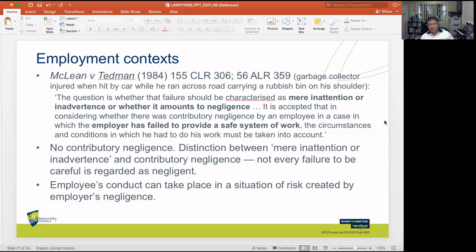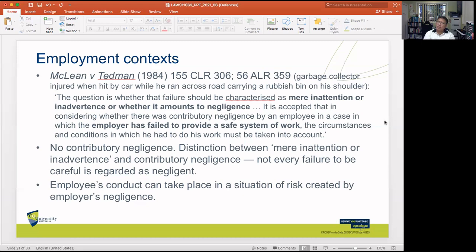And this is important because the employee's conduct can take place in a situation of risk that is created by the employer's own negligence. So here, because the employer failed to provide a safe system of work, what might have been considered negligent action or omission on the part of the employee was not considered to be negligence under tort law, but mere inattention or inadvertence.